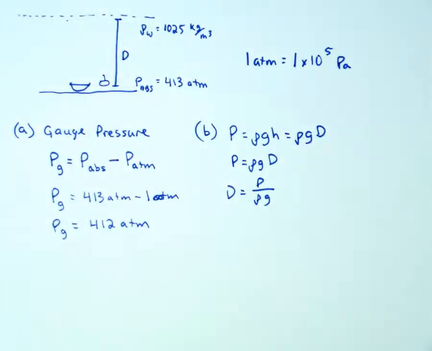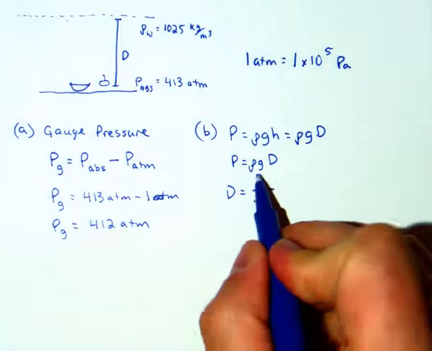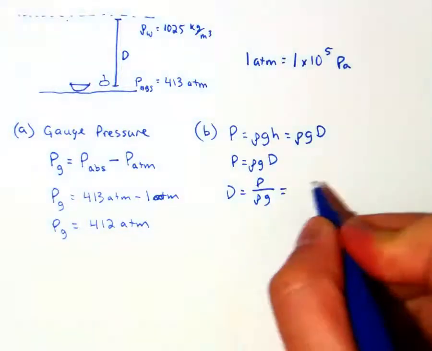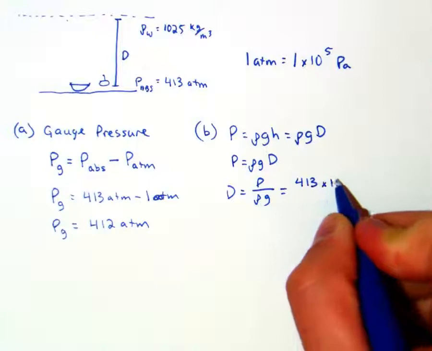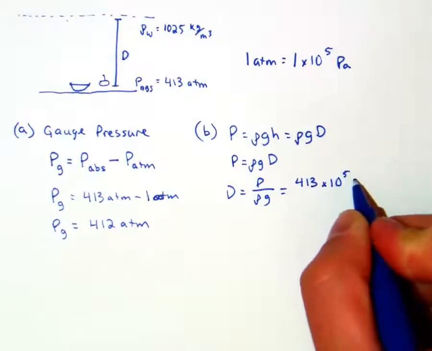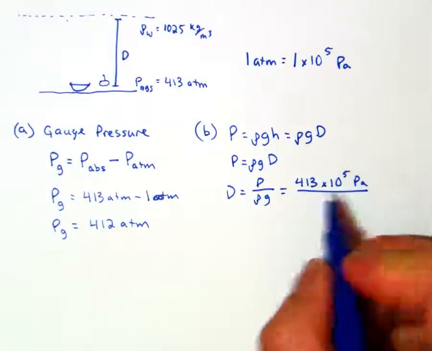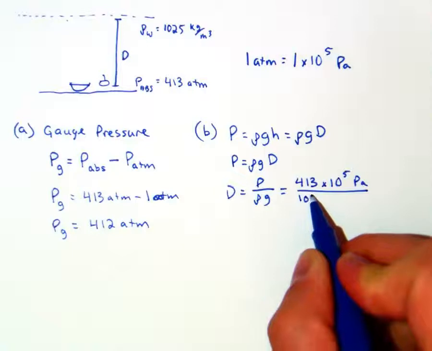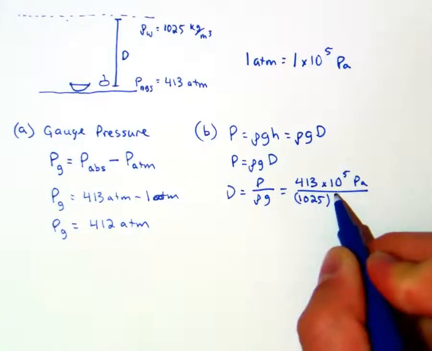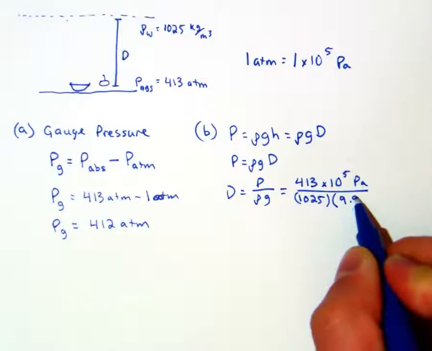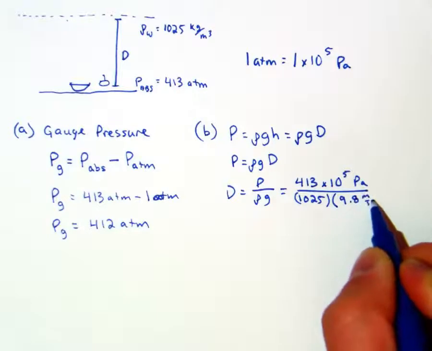So all we do here is take the pressure and make our substitution: 413 times 10 to the 5th pascals divided by the density of water, which is 1,025 kilograms per meter cubed, times gravitational acceleration, which is 9.8 meters per second squared.